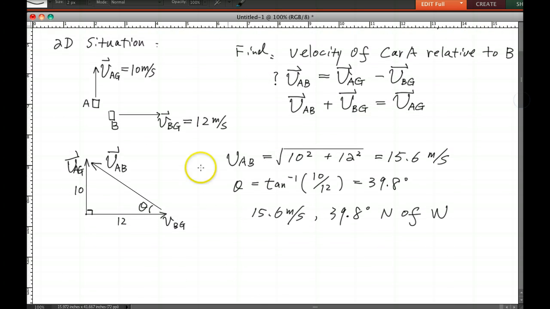But how about this situation here? The question is asking for the velocity of A relative to B. Now think about it this way to make sense. Initially suppose they start from exactly the same point, and then after 1 second, A is going to arrive 10 meter north of this initial point, and B is 12 meter right of that initial point. If you count the distance between them, that's exactly 15.6 meter.